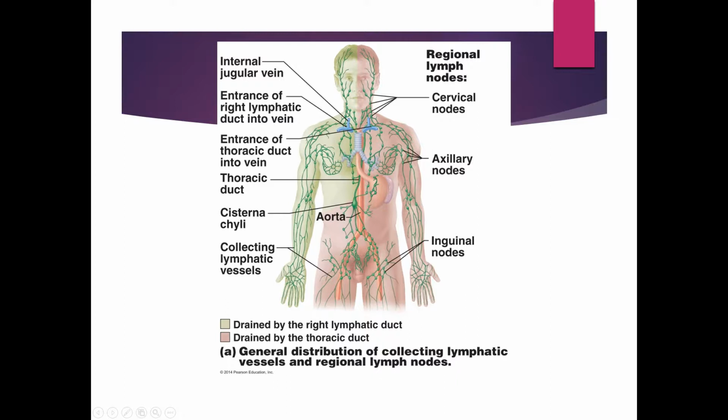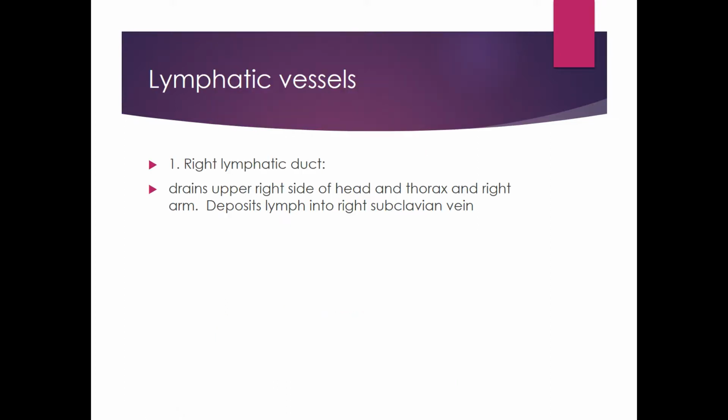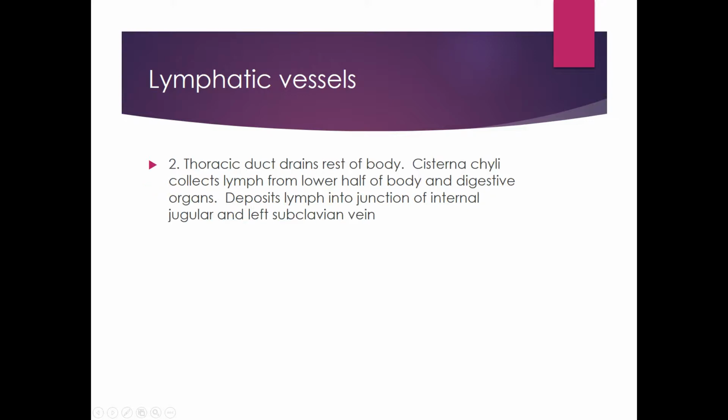And then over here on the left, all of this, the left side of the head, left arm, left thoracic, and the whole lower half of the body will all come up to here and then start in an enlarged area, kind of like a catchment basin called the cisterna, and then go up into the thoracic duct and then into the left subclavian vein. Okay, so here is that information, and there's the thoracic duct.